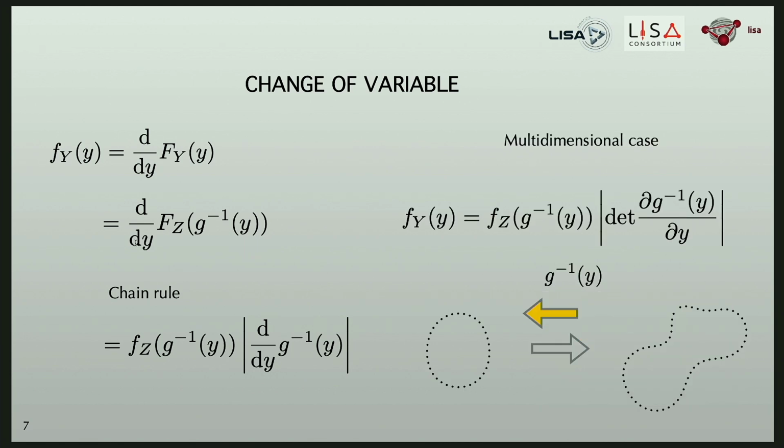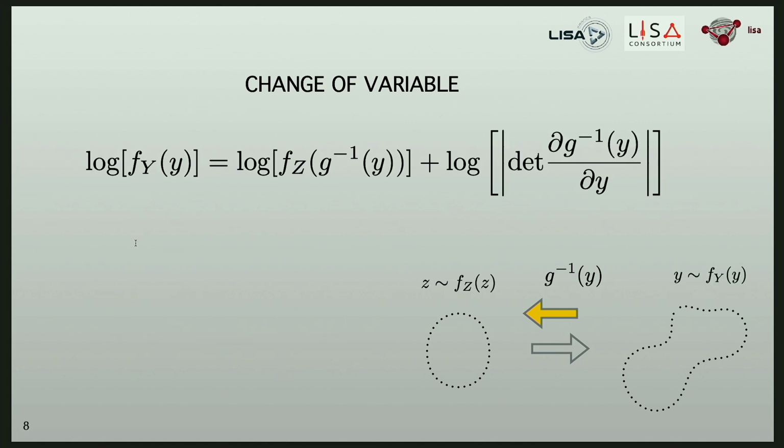So for the multidimensional case, the distribution that you're interested in is the simple-to-sample distribution, transformed with the absolute value of the determinant of the Jacobian.